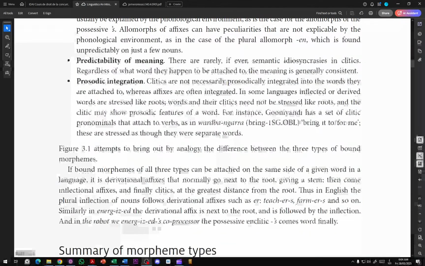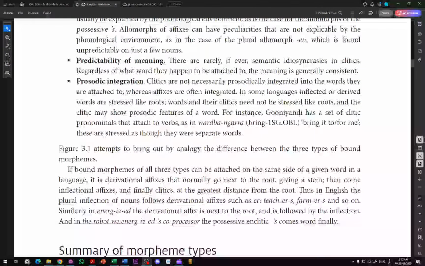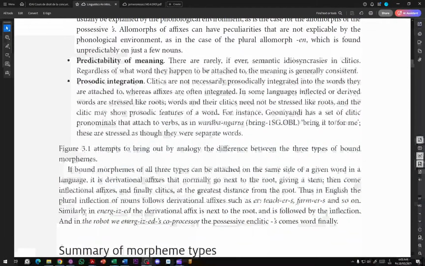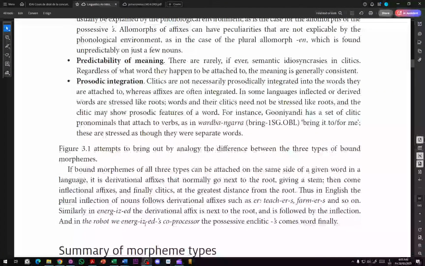And in "the robot, we energized coprocessor," the possessive enclitic 's comes word finally.